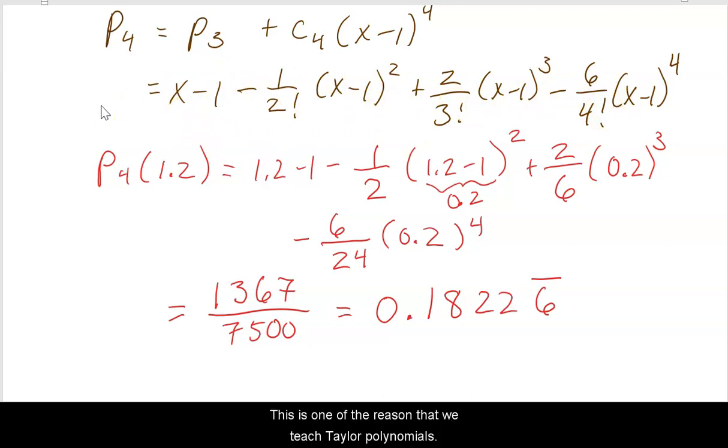This is one of the reasons that we teach Taylor polynomials. They can be used to approximate all kinds of functions in all kinds of situations, and they provide very good approximations. We're going to stop this video here, but we are by no means done with this particular section on Taylor and Maclaurin series. Thus far, we have only talked about Taylor and Maclaurin polynomials.